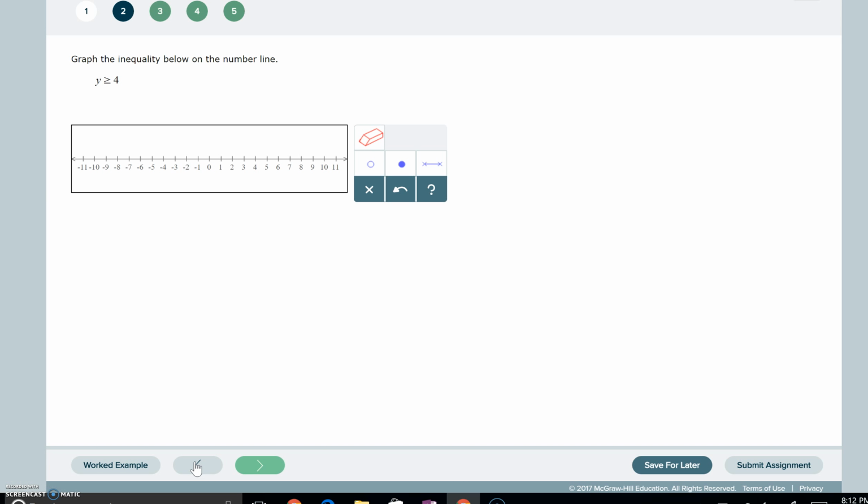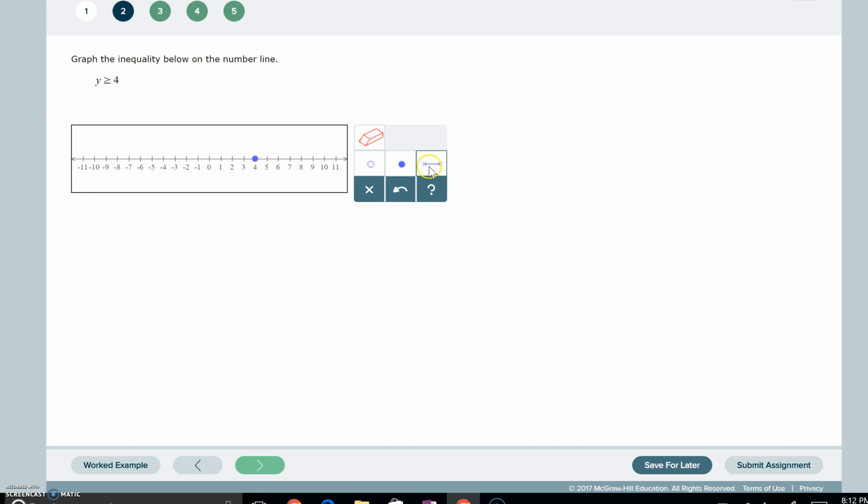As we take a look at some other things here, take a look at the graph. Y greater than or equal to 4. The bar means you're going to be able to have a closed circle. So go to the closed circle. You have to go on the number line rather than going above it.